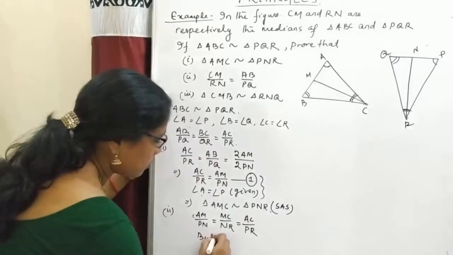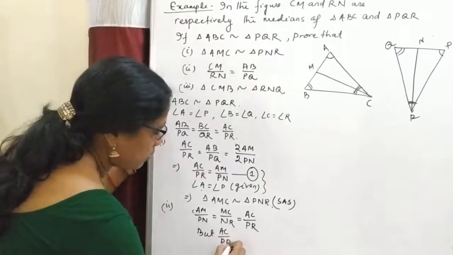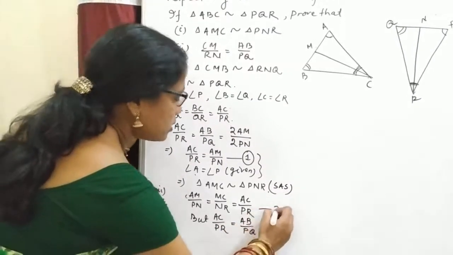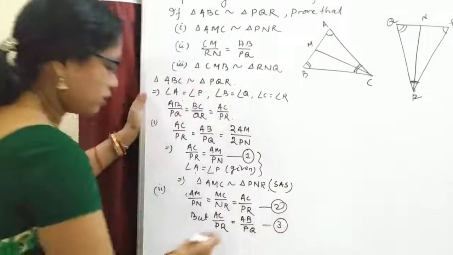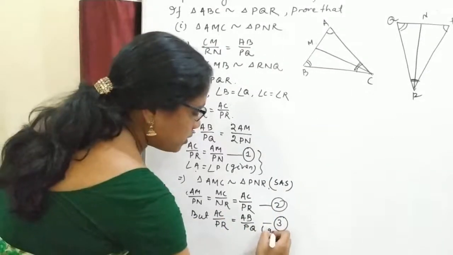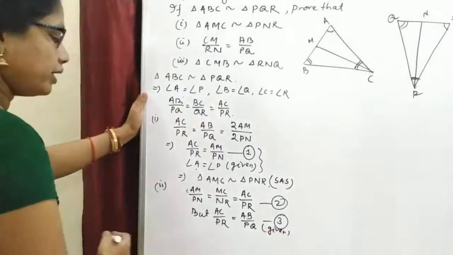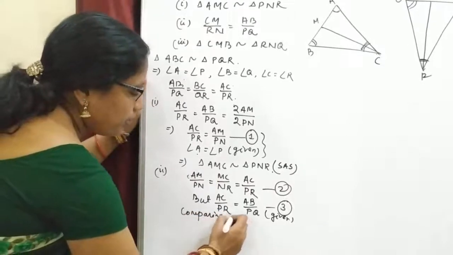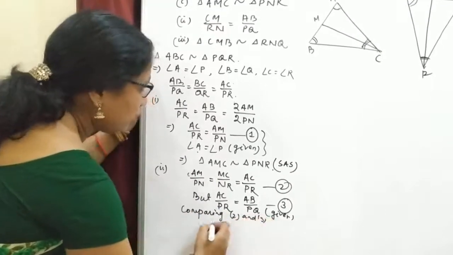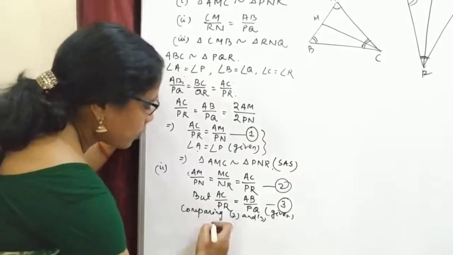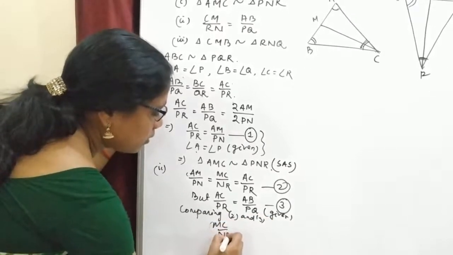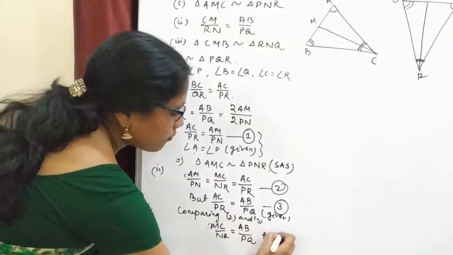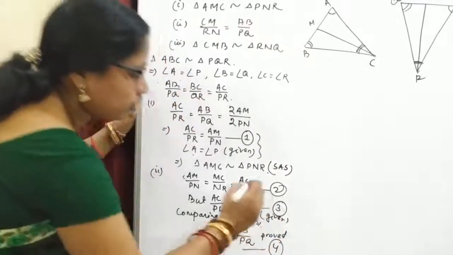Let these be our 2 and 3. By comparing 2 and 3, we get MC by NR is equal to AB by PQ. So this is proved. This is our equation 4.